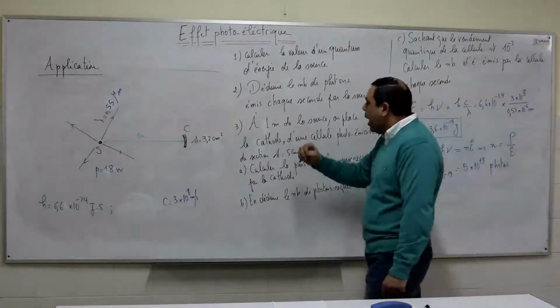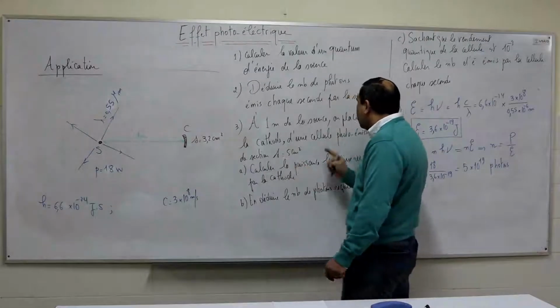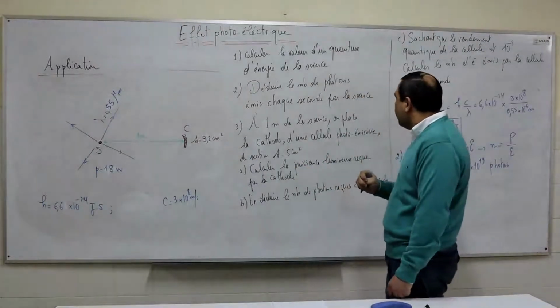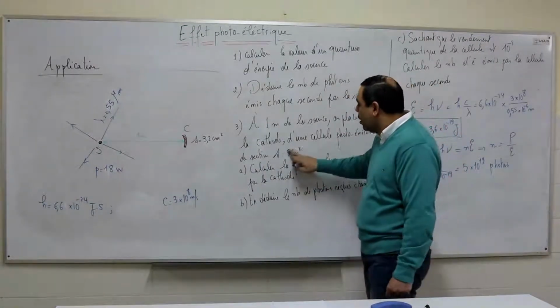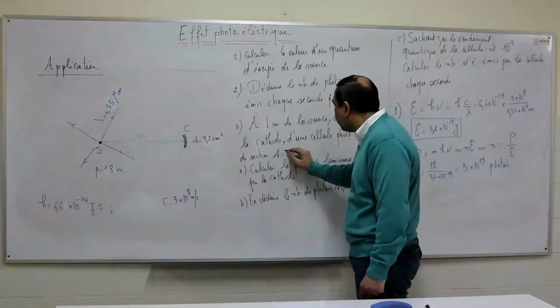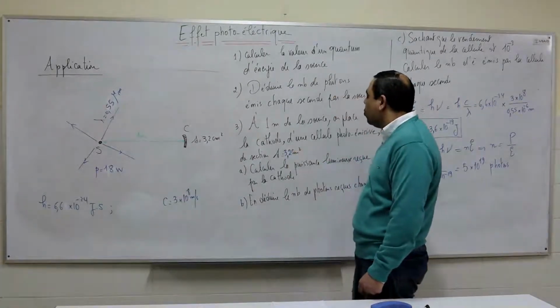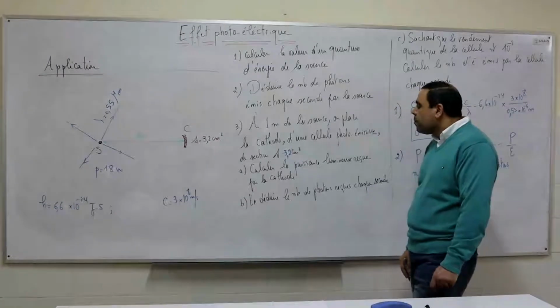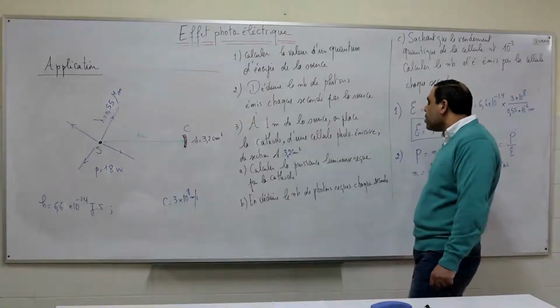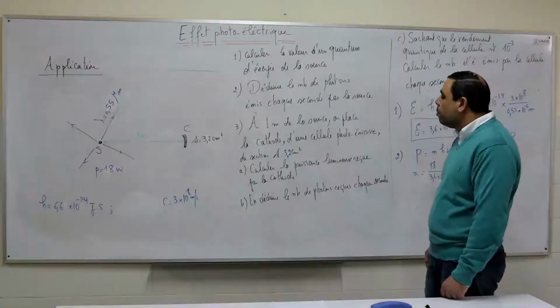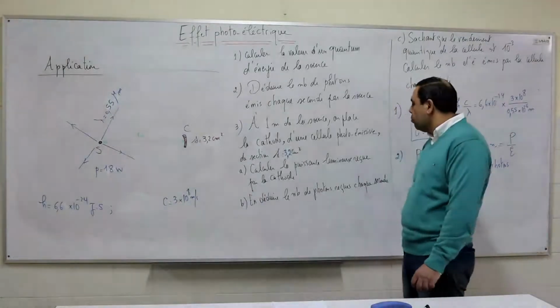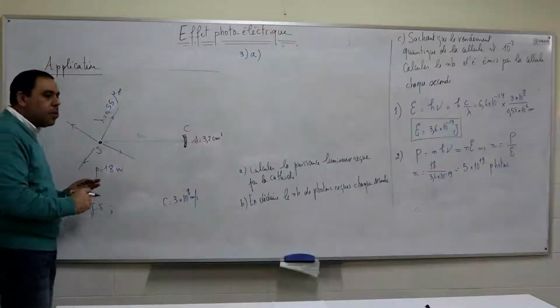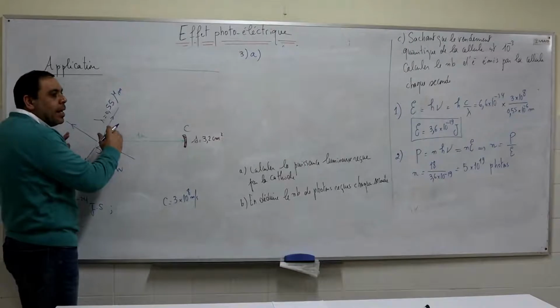Part 3. At 1 meter away from the source, we place the cathode of the photoemissive cell that has a surface area of 3.2 centimeters squared. Calculate the luminous power received by the cathode. The power of the source distributes in a spherical way.